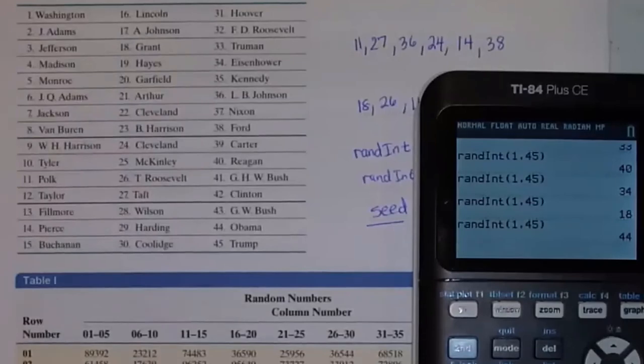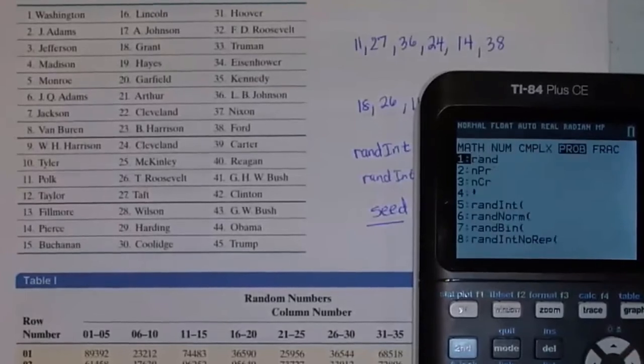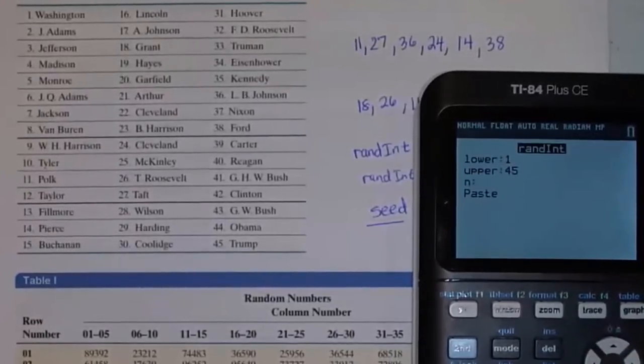Now, I do want to show you a couple of other things that you can use or not use. You can do it like I just did. If I go to math and probability again, with a newer calculator, 1 to 45, this value here for n lets me choose how many numbers I want the calculator to select, and it'll pick them all at once so I don't have to keep hitting enter.